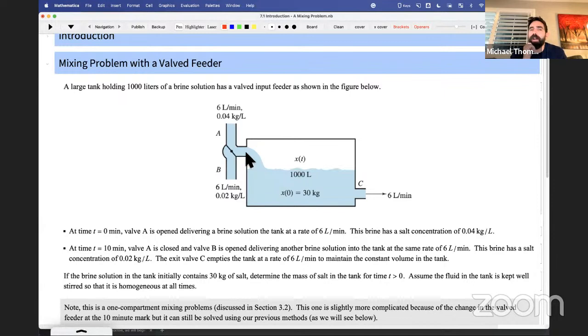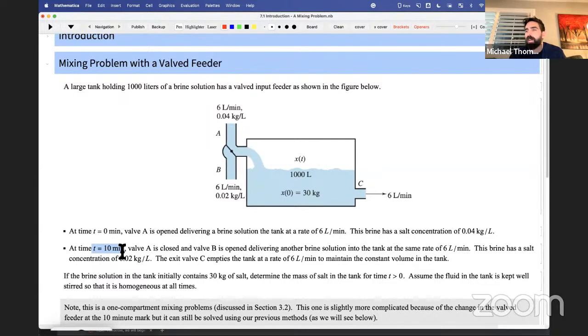Now what we're going to do to complicate this is switch valves after a certain amount of time. Starting at t equals 0, valve A is going to be turned on for the first 10 minutes. Then at the 10-minute mark, we're going to turn it off. We're going to turn valve B on, and we're just going to let that valve run forever. So you get the idea?